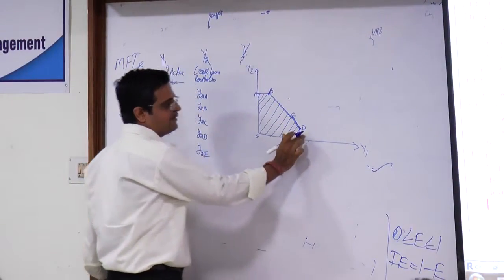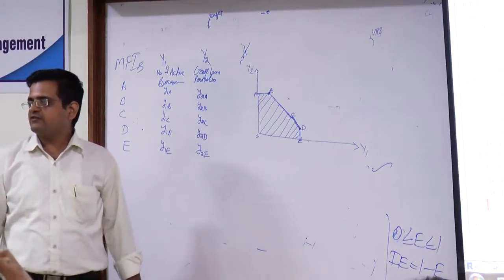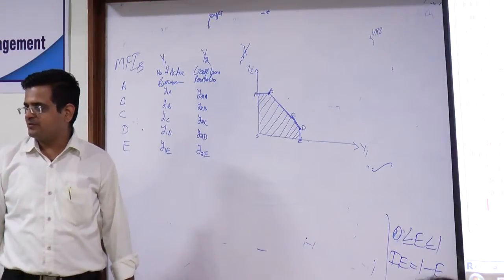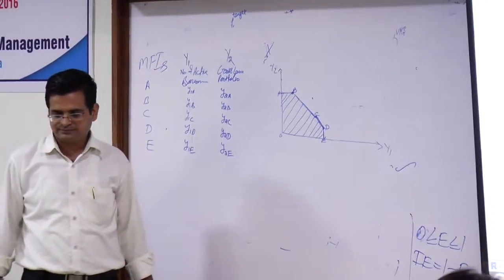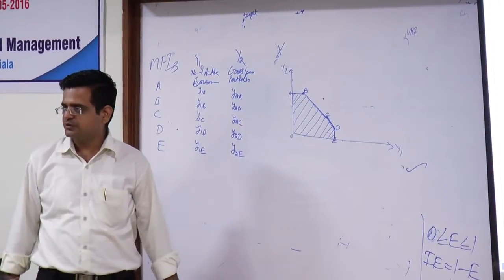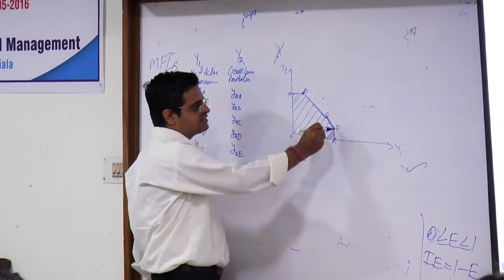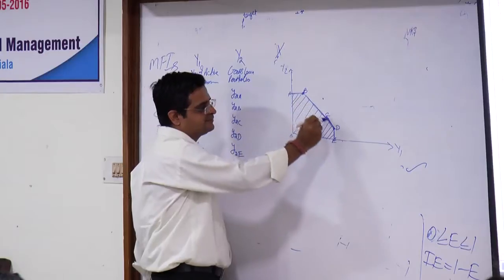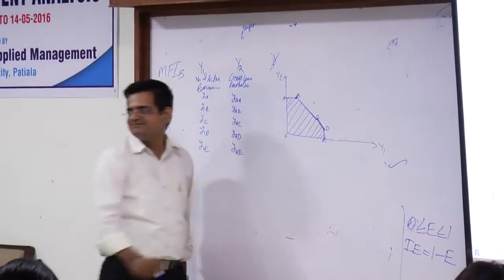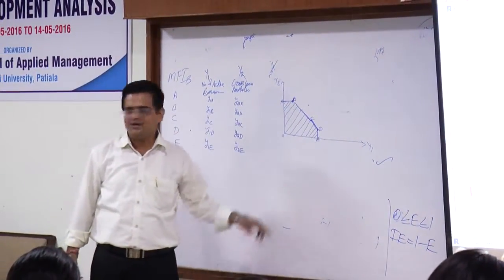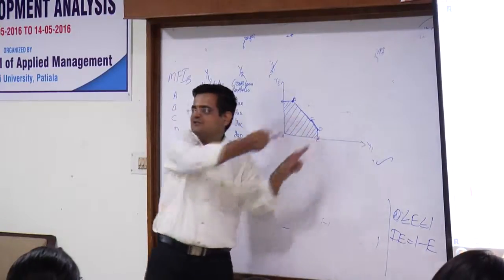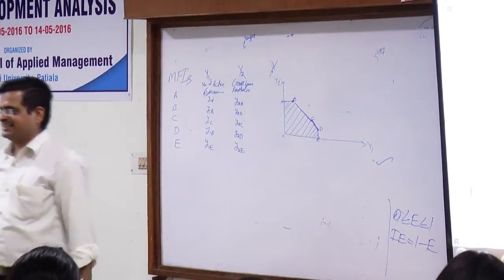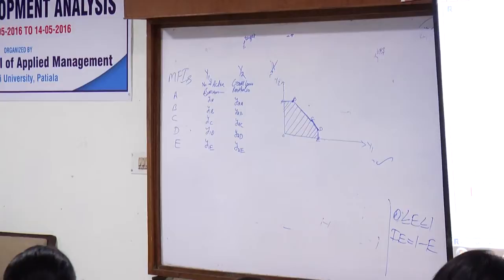If it had been a constant returns to scale type, then the straight line would be only this. Or these invisible areas will also be included in the CRS.